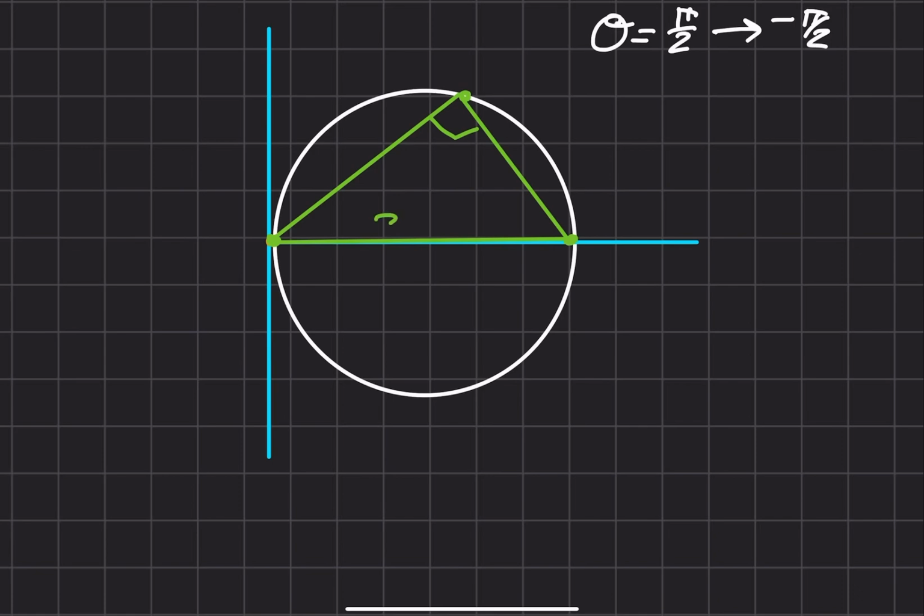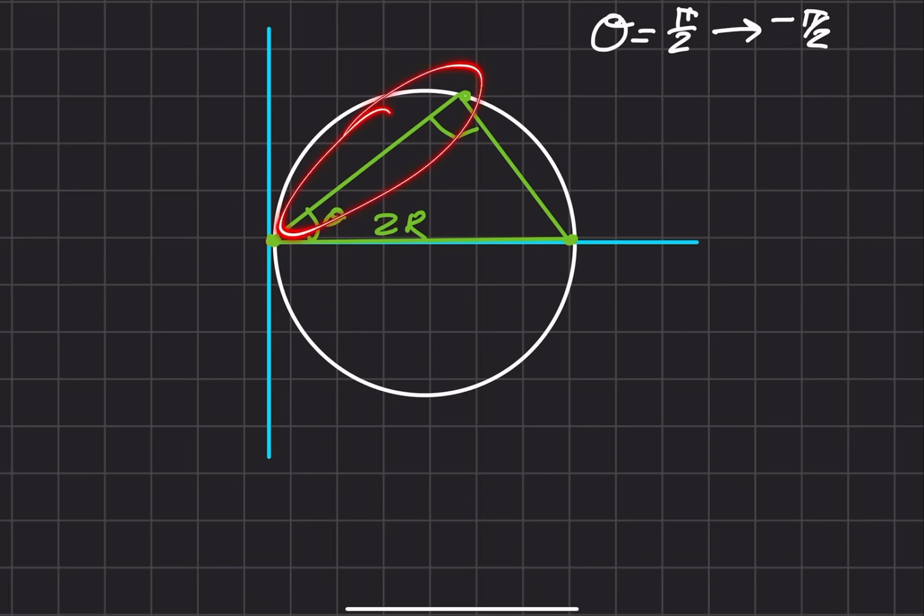And so if we know that this is 2r and this is our theta, this leg right here is our r that we're evaluating from. And so we can figure out what that length is using these two values. This is the value that changes, the variable here.